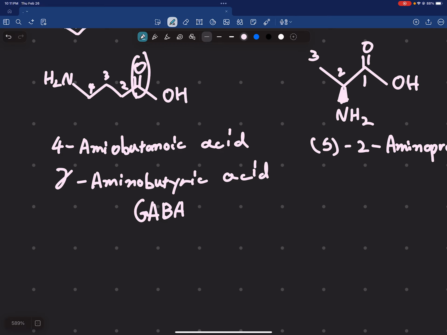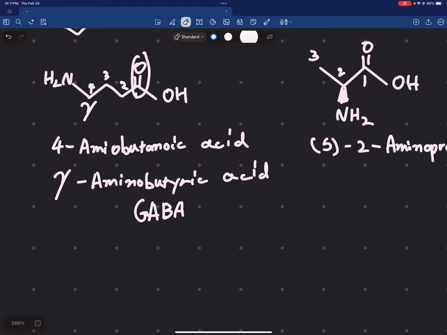So it's the alpha carbon, the beta carbon, the gamma carbon, and the delta carbon. So this would be the delta carbon, but this would be the gamma carbon. So this is actually gamma aminobutyric acid.